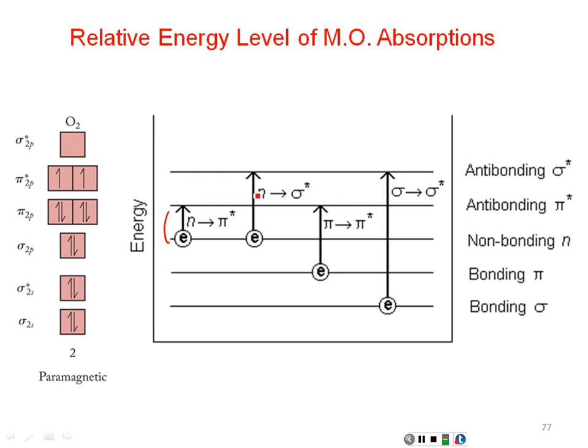And then there's also n to sigma star and pi to pi star. Both of these are very similar in energy. An n to pi star would usually be in the visible range. n to sigma star and pi to pi star are more ultraviolet. And then the highest energy would be a sigma to sigma star, which is much higher in energy.